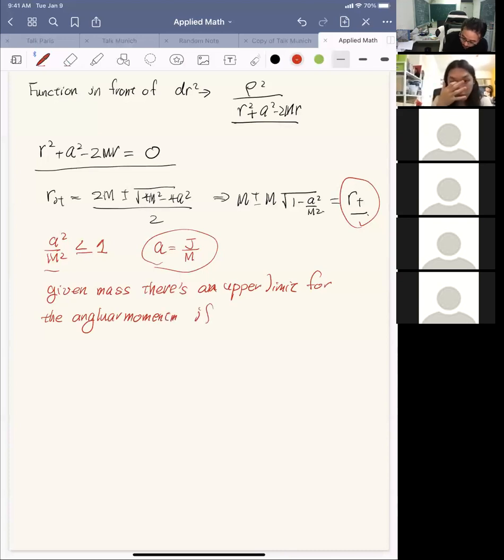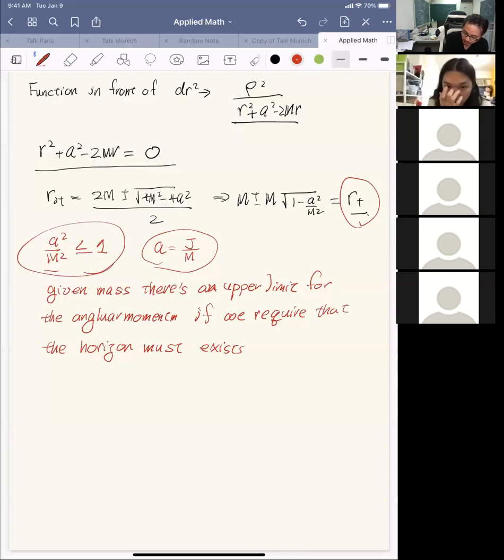If we require that the horizon must exist, because if it exceeds this bound, then this value here becomes imaginary, and therefore you don't really have a horizon.